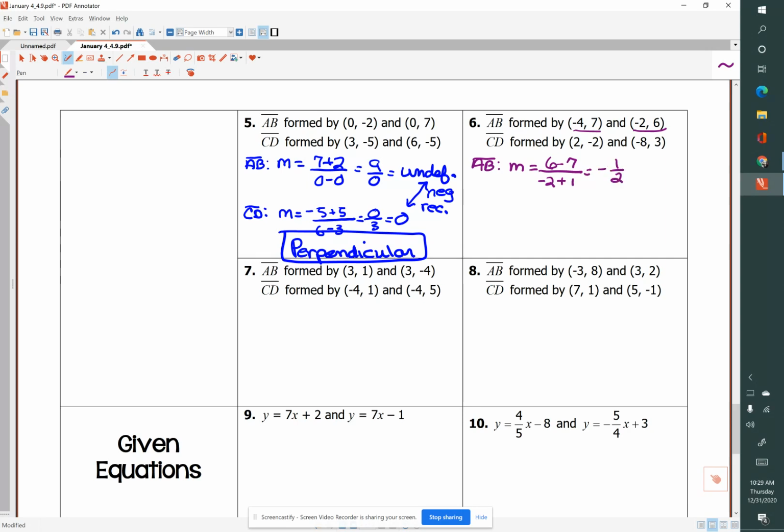And now we'll evaluate CD. M equals 3 minus -2, which is 3 plus 2, over -8 minus 2, which equals 5 over -10, which simplifies to -1/2. And it looks like these two have the same slope, so they are parallel.